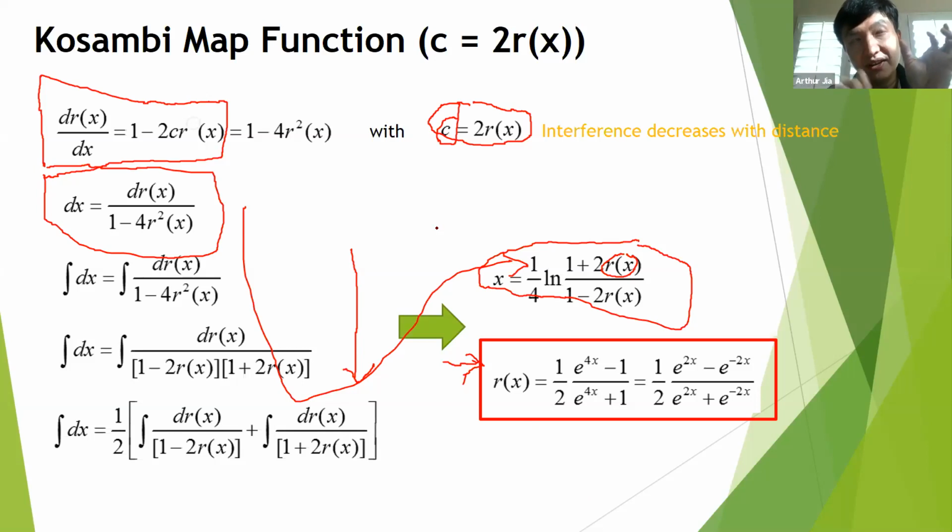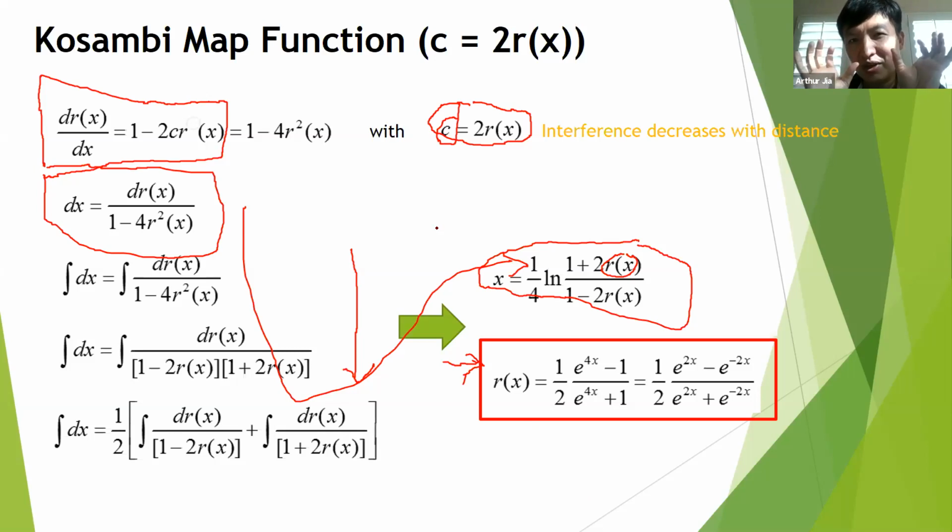Region 1 represents the distance between A and B, and region 2 represents the distance between B and C. So in the Haldane map function, we assume these two regions are completely independent. That's why C equals 1.